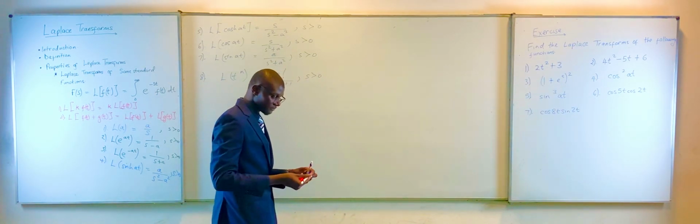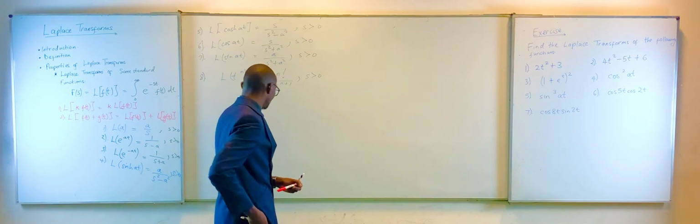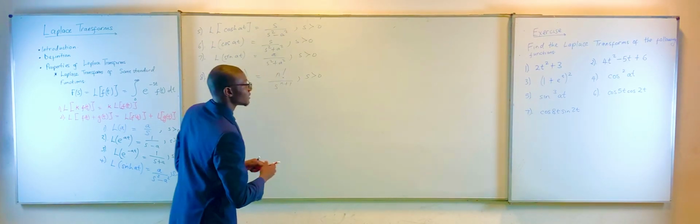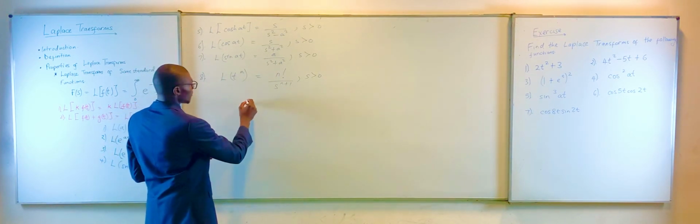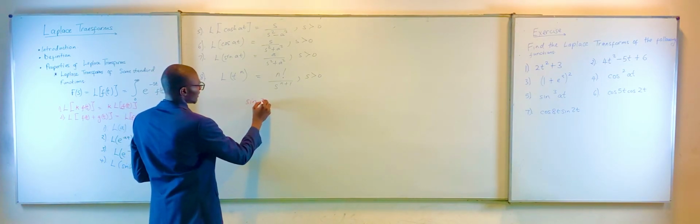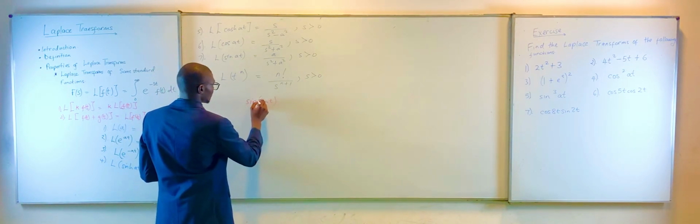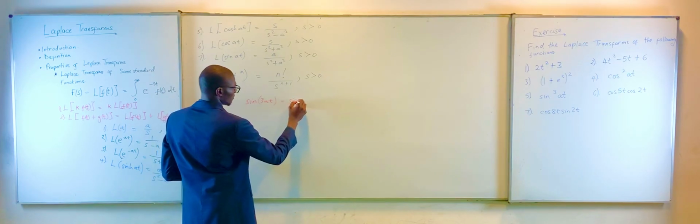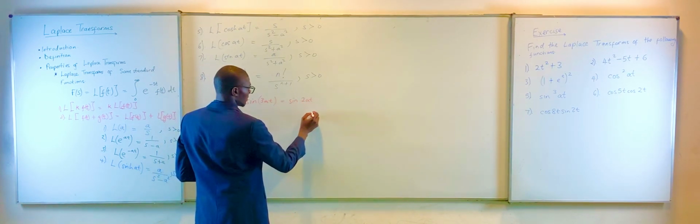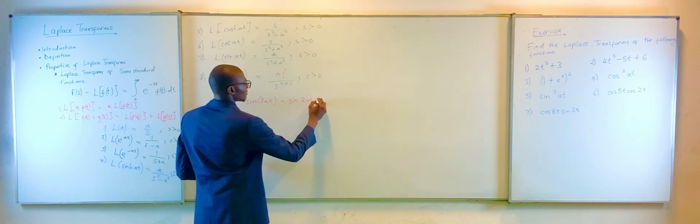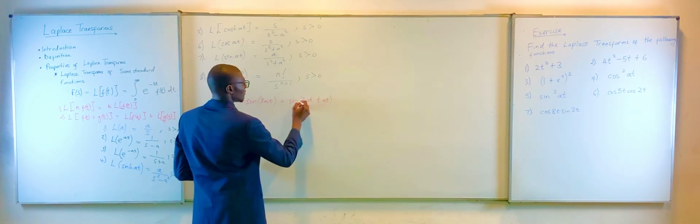So now, right. So we can say sine 3at is equal to sine 2at plus at.